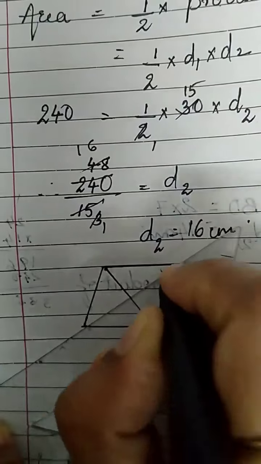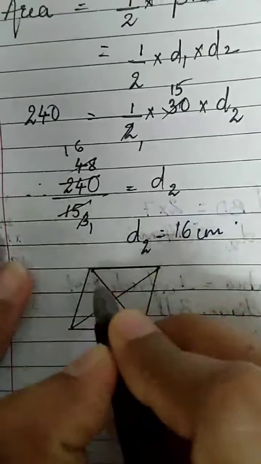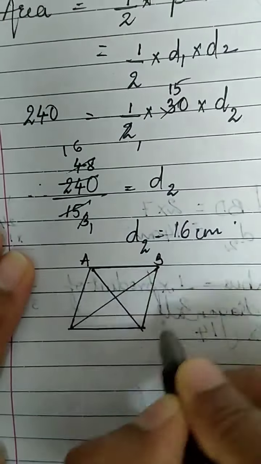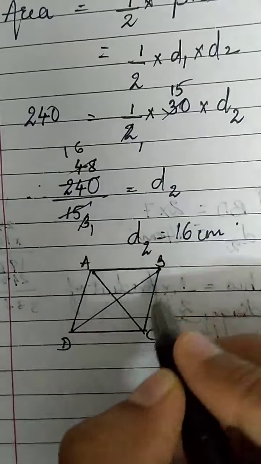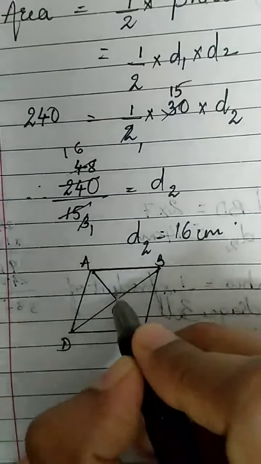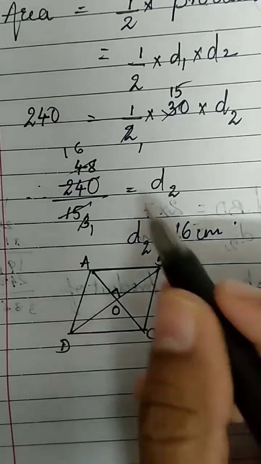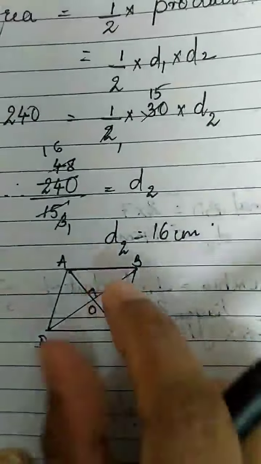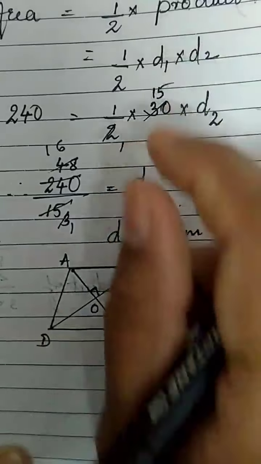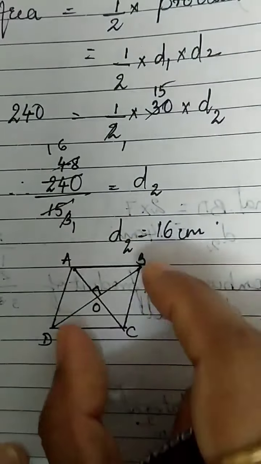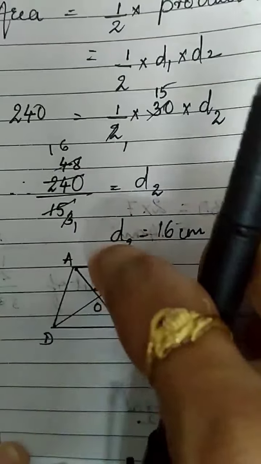Both the diagonals' lengths we know. We'll name it ABCD like we did in the previous sum. Diagonals intersect at O and we know the diagonals are perpendicular bisectors of each other. First diagonal was given as 30, and the second diagonal is 16. So this is the longer one and this is the shorter one.